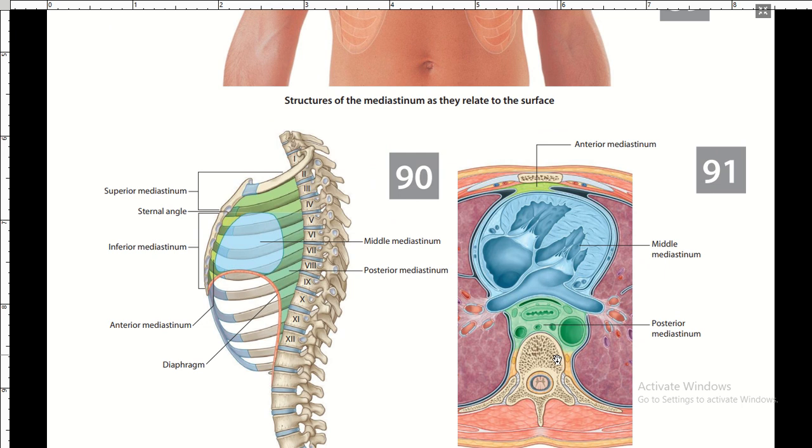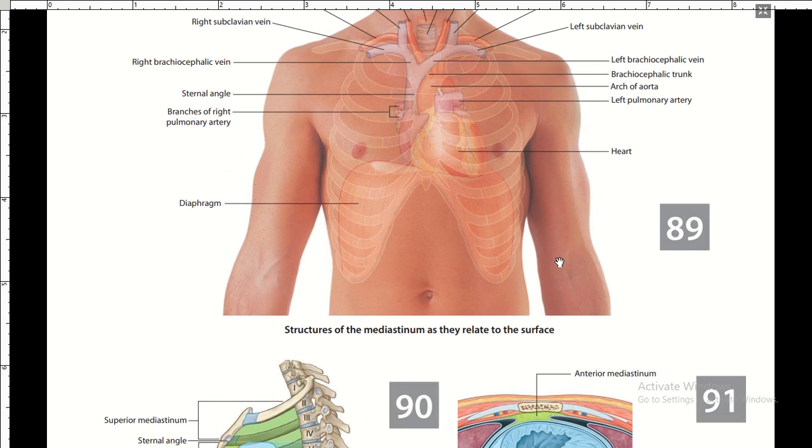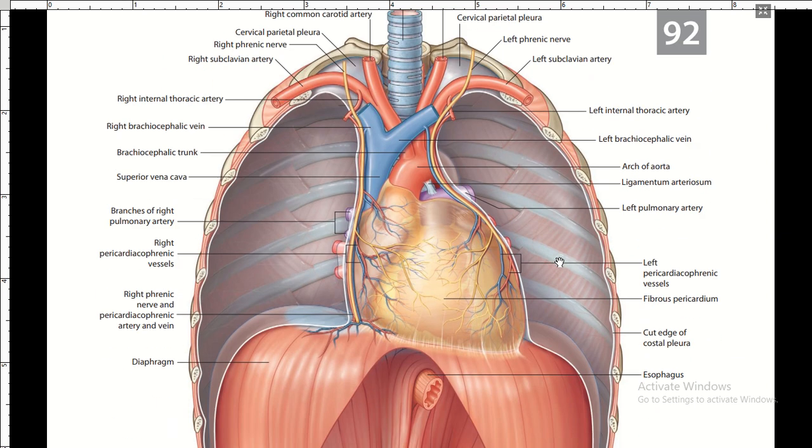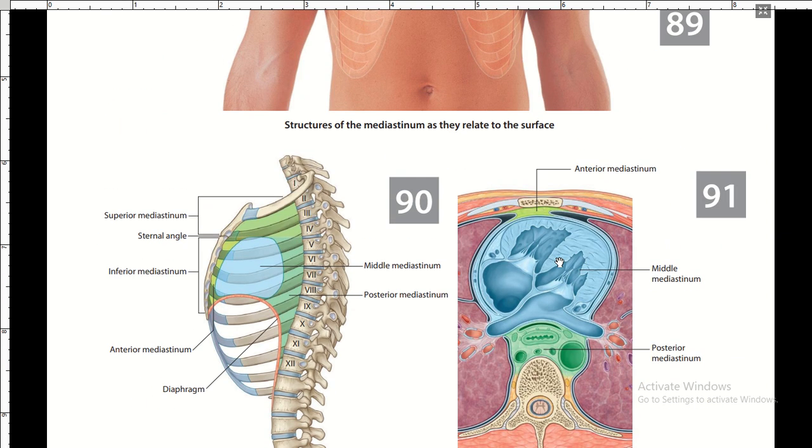So this is a cross section, oh no, this is not at the sternal angle, because this is now your inferior mediastinum that we are going to talk about very soon. So that is what is important when it comes to the superior mediastinum. Know the contents, know the borders, and then you'll be good to go.